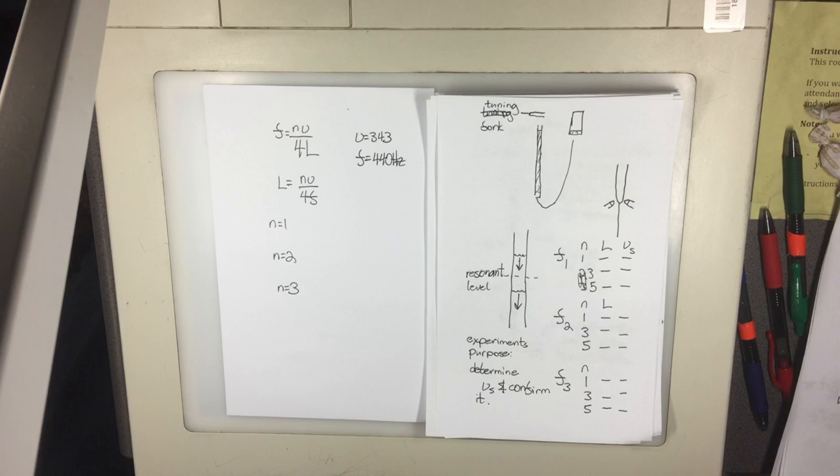So what you need to do is approximate where this resonance is going to occur. We know we're on Earth. We know that the speed of sound in air is roughly 343. So let's just figure out kind of where it should be in the ballpark.